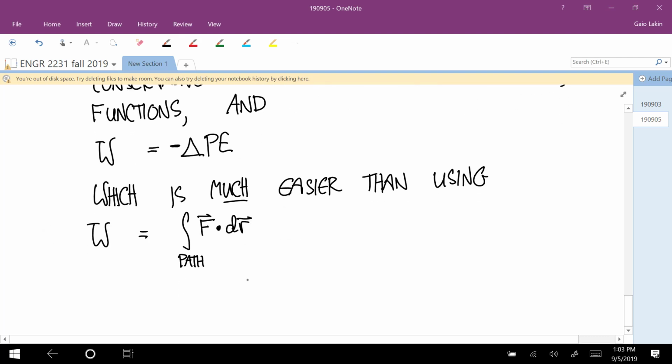Okay, that's the definition of work. It's a line integral. Sometimes you can simplify it, but in general, you just would prefer not to have to deal with that.